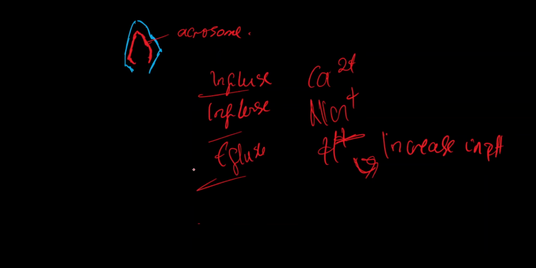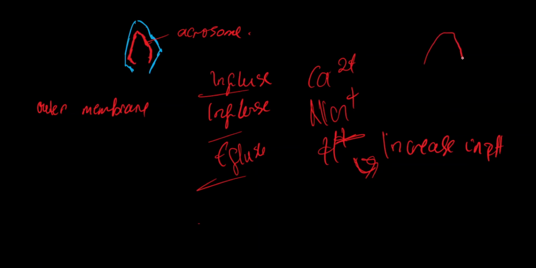Now, following closely this movement of ions is the fusion of the outer acrosomal membrane. The outer acrosomal membrane fuses with the overlying plasma membrane. Basically, we have something like this.